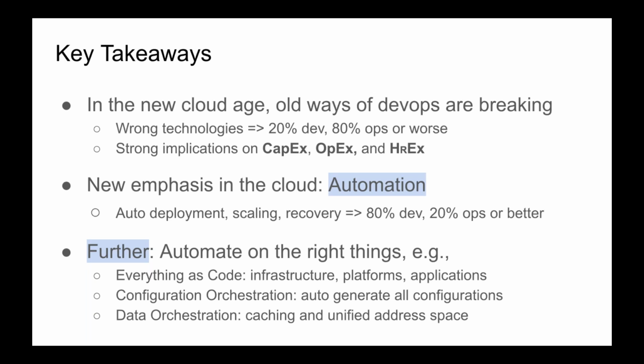In the end, you may improve the situation to spending 80% of your time in dev and 20% or even less time in ops. So the situation will be significantly improved. However, we can do even better than this. I think one bigger point is automation is good, but we have to automate the right things. There are some examples.